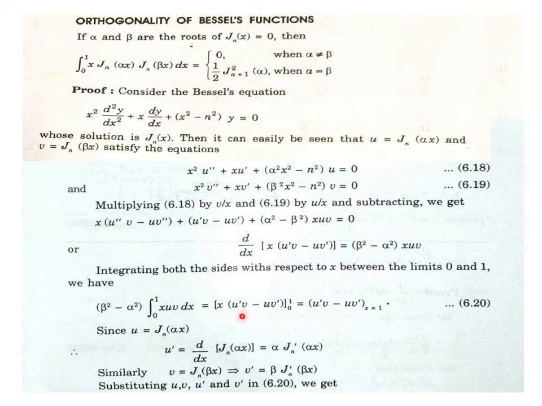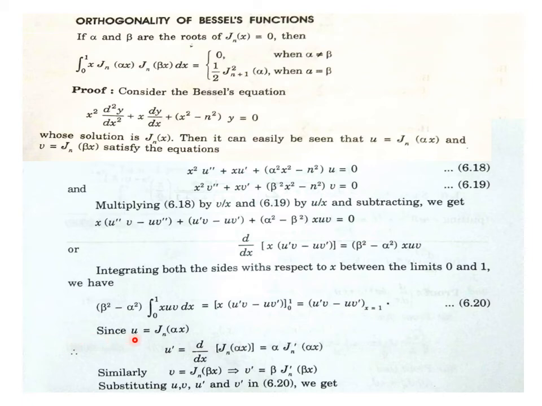So we are left with x(u'v − uv') taken from 0 to 1. At x equals 0 it becomes 0 because of the presence of x, and at x equals 1 it is 1 into that expression at x equals 1. So we have that important equation 6.20, which will be utilized to get the further solution.